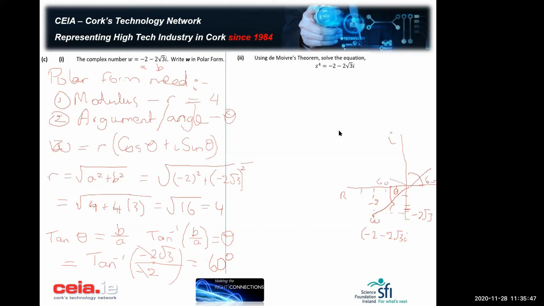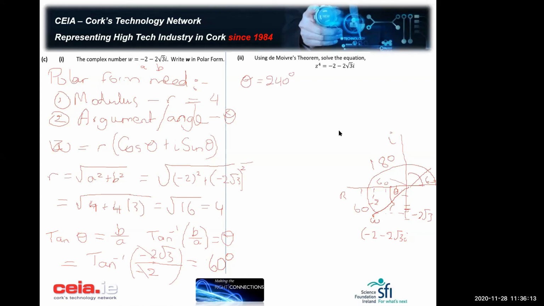You have to check which quadrant it's in. Because they're both negative, it's down here in this quadrant. So the angle we make here is 60 degrees. But how many more angles have gone before it? 180 degrees have gone before it. So 180 degrees plus 60, which means that our theta is 240 degrees.